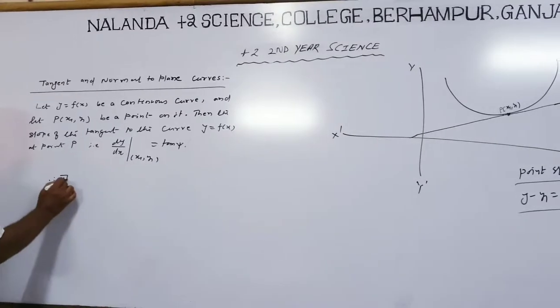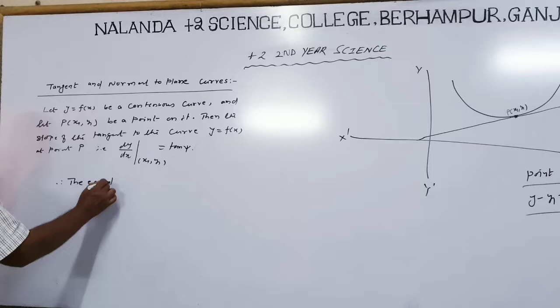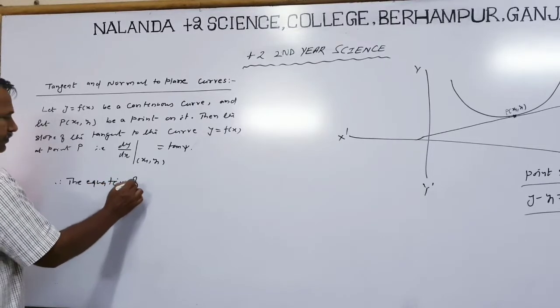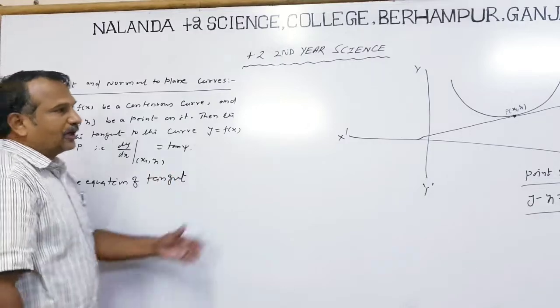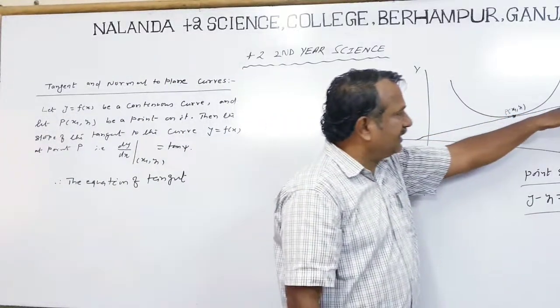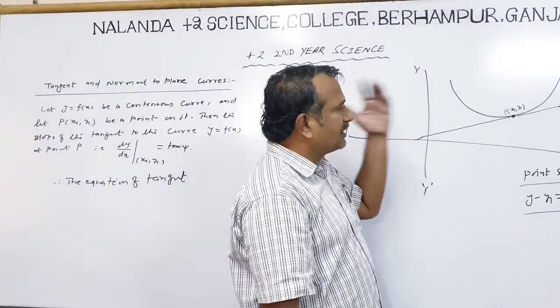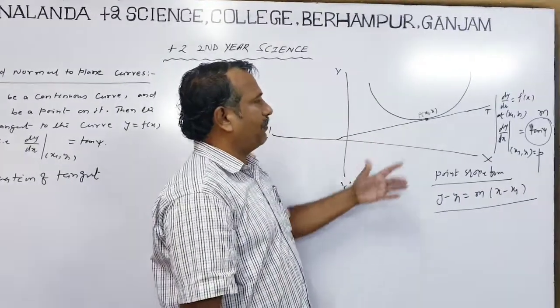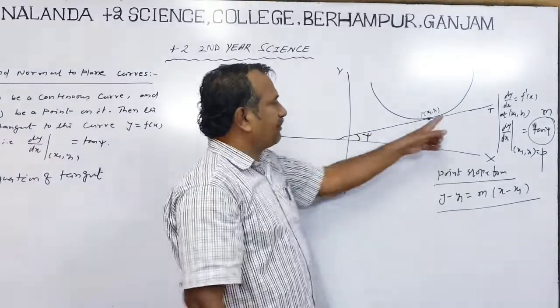Therefore the equation of tangent. So PT is the equation of tangent. Already we know that this is a point slope form. This is a slope, and this is a point.